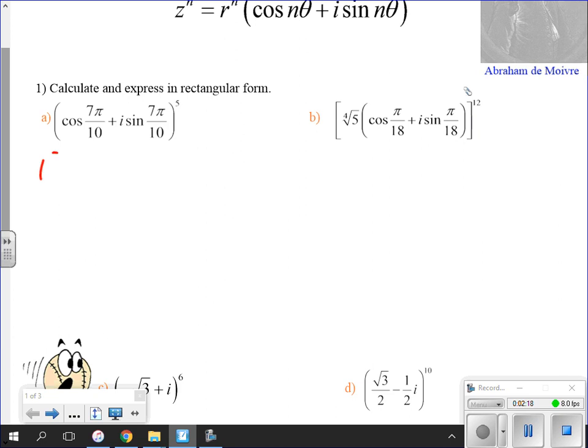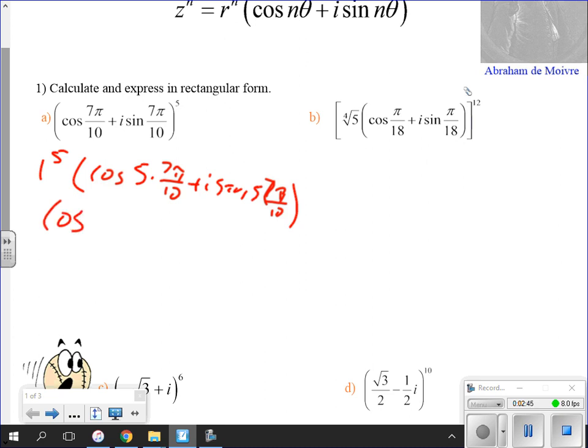So I have 1 to the 5th power times the cosine of 5 times 7 pi over 10 plus i sine 5 times 7 pi over 10. 1 to the 5th is 1, so this gives me the cosine of 7 pi over 2 plus i sine 7 pi over 2.